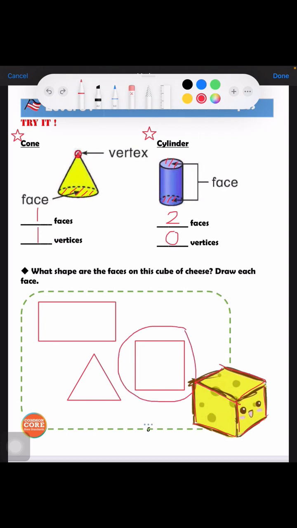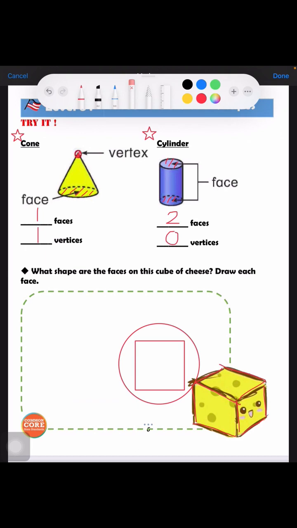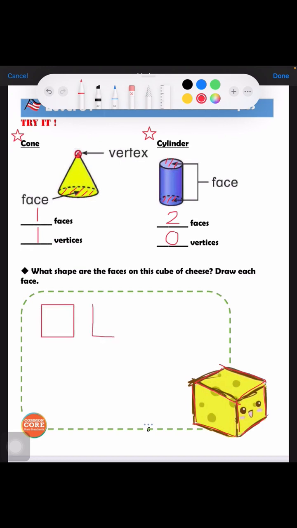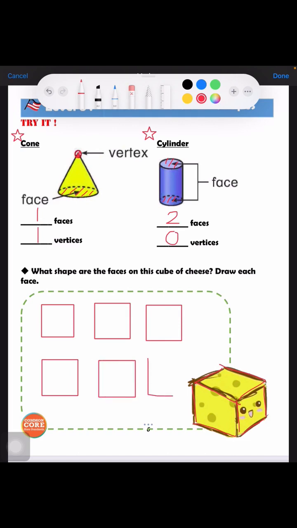All faces are square. So, how many faces does the cube have? Do you still remember? Yes, it has 6 faces. So, we just need to draw 6 squares.